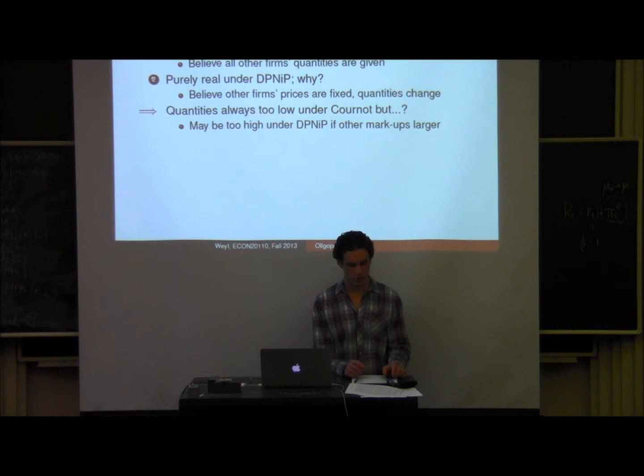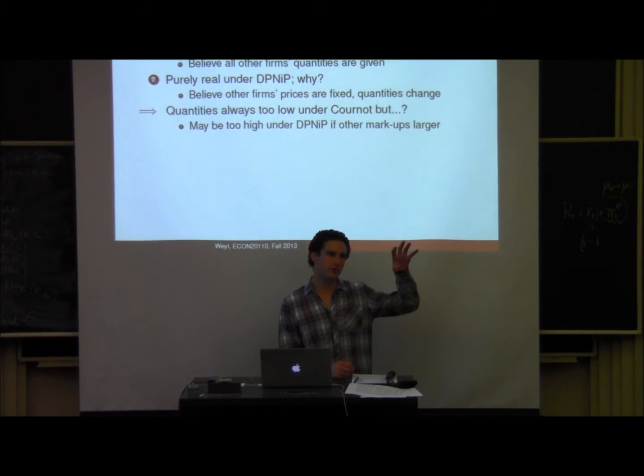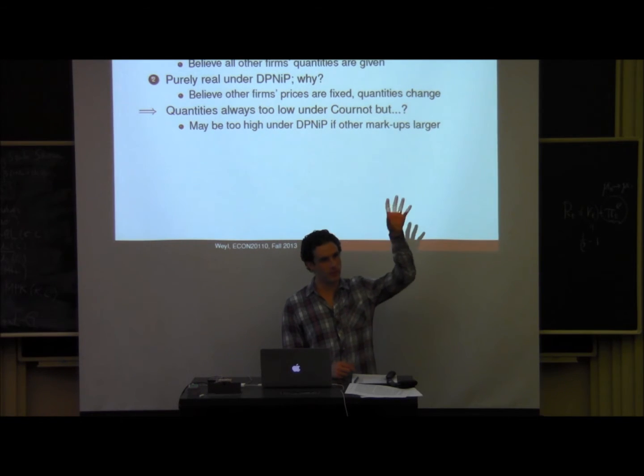So imagine that there are two firms. One firm produces a high quality product that has a really big markup. Another firm produces a low quality product that has a really low markup. And imagine these are substitutes for one another. You can either buy the high quality product for a high price or the low quality product for a low price. Actually, it could be beneficial if the low quality product were to raise its price, because that would drive more people to buy the high quality product.